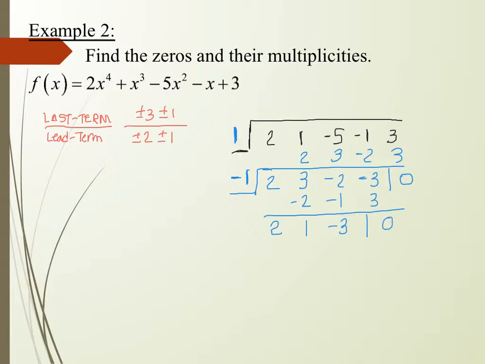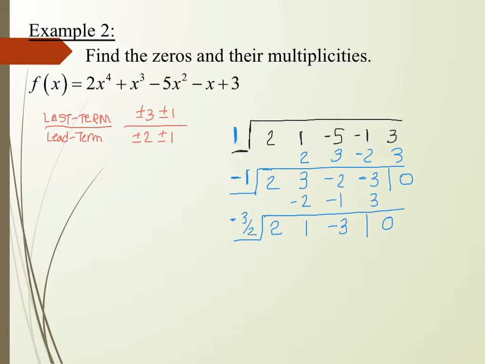We have a 0. And now I'm going to try one of the fractions. Since I have a negative 3, I'm going to try a negative 3 halves.